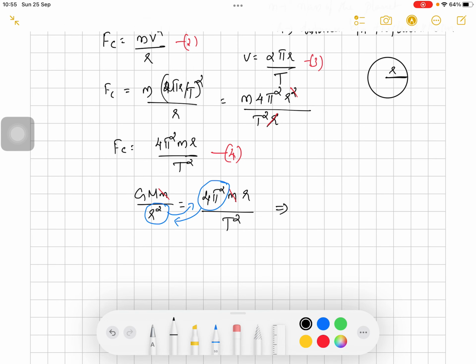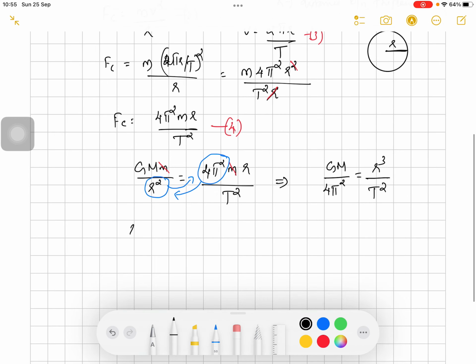So GM by 4 pi square will be equal to r square, moving from the left denominator to the right, into r, that is r cube by T square. So r cube by T square is equal to GM by 4 pi square.